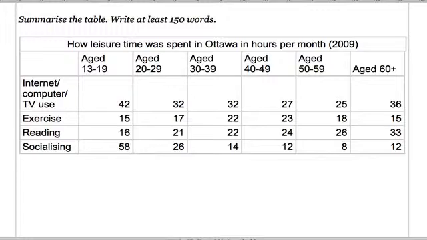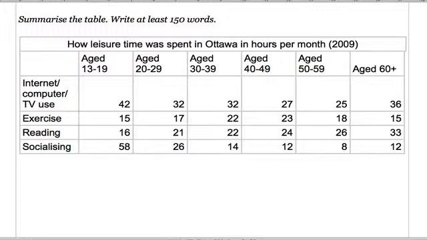This data source illustrates the average number of hours allotted to different leisure activities carried out by people in Ottawa in the year 2009. The table divides this data across 6 age groups. So ages 13 to 19, 20 to 29, 30 to 39, 40 to 49, 50 to 59, and ages 60 and older.